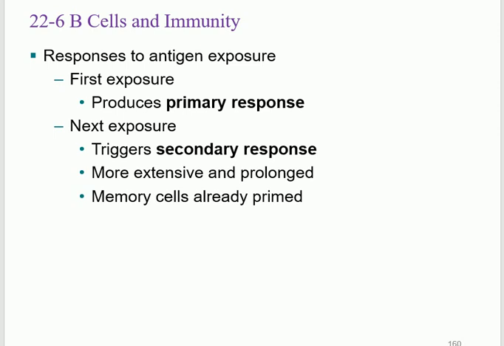And it's not only the memory cells. There's another thing. So memory cells are the reason that the second response is easier and faster and stronger and stays for longer time. All of these good things are mainly because of the memory cells. But this is not the only thing. There's something else that's called antibody titer.